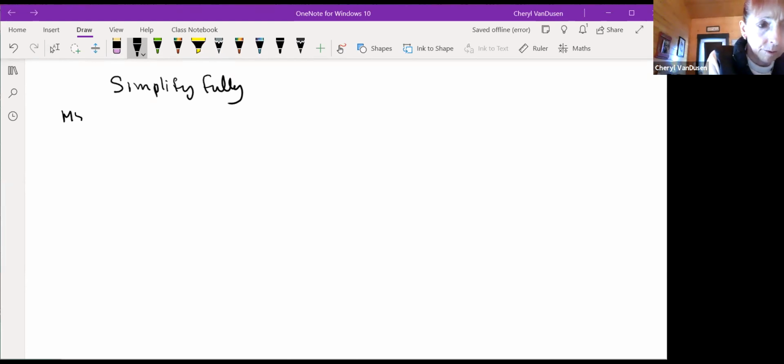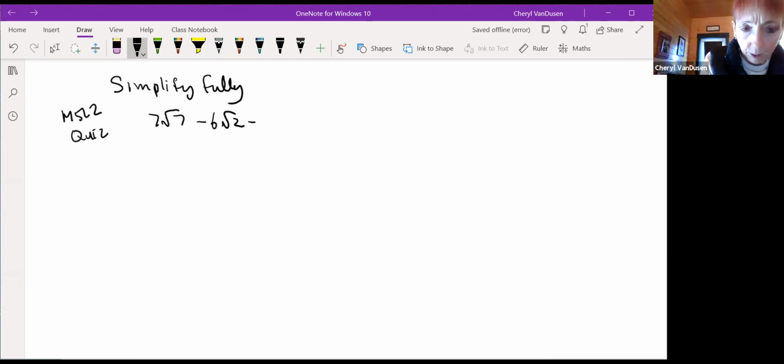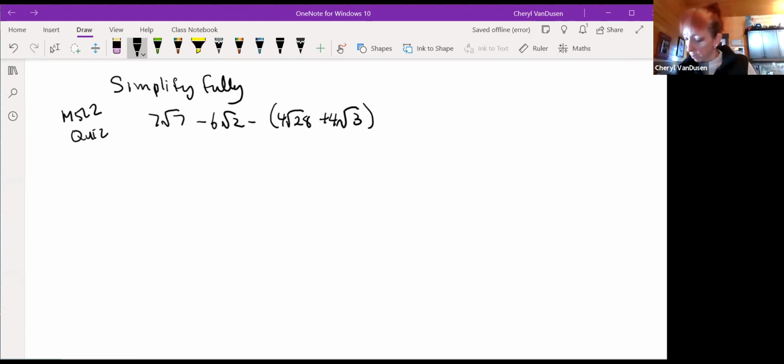This is from Module 5, Lesson 2 quiz. I know some of you have done it, some of you haven't. That's okay. So 7 root 7 minus 6 root 2, take away bracket 4 root 28 plus 4 root 3. I think was the question. No, maybe not.